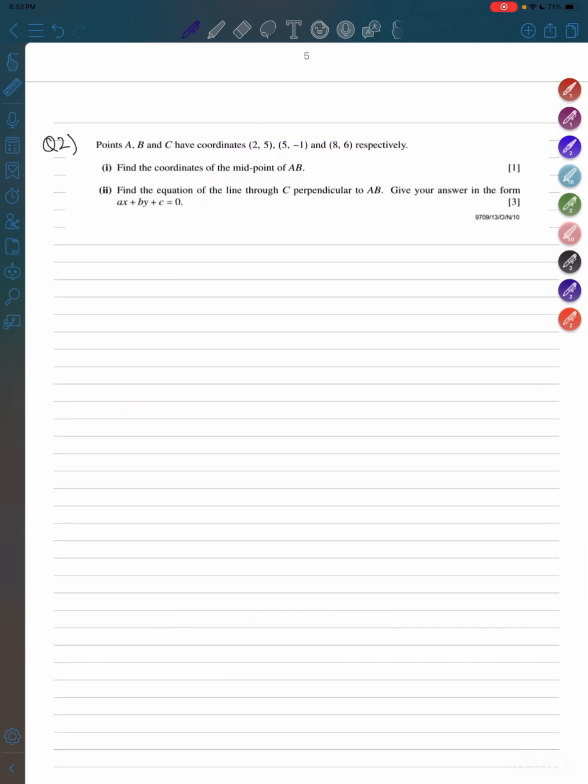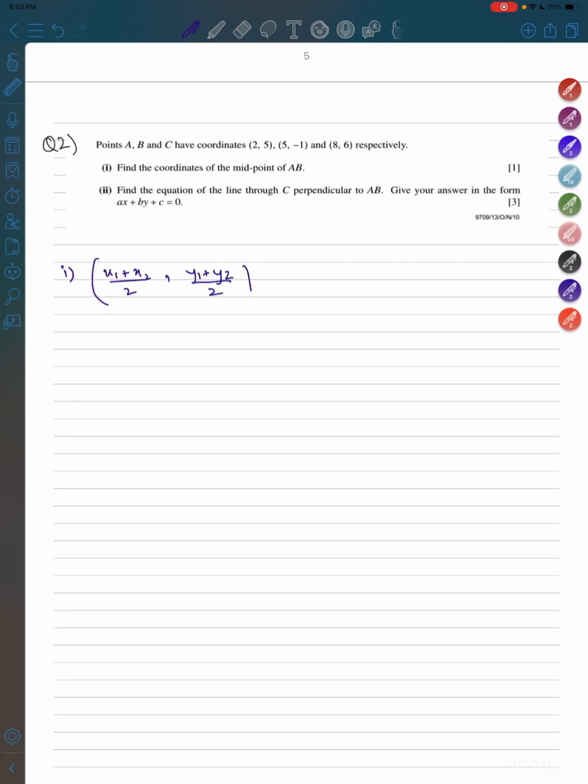Question number 2 reads, points A, B, and C have coordinates 2, 5, 5, negative 1, and 8, 6. Part 1, find the coordinates of the midpoint of AB. That is pretty simple. x1 plus x2 over 2, comma, y1 plus y2 over 2.